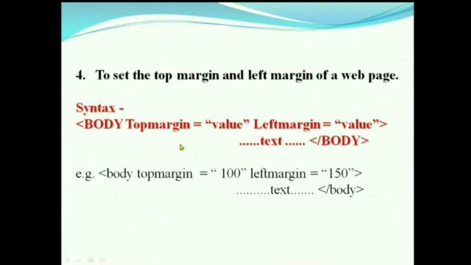Suppose your web page is visible at the top corner, and if you want some margin, some gap there, you use top margin and left margin. This 100 and 150, these are pixels. If you give 100, your top margin will show a gap of 100 pixels, and left margin 150 means your page will gap from the left side by 150 pixels.